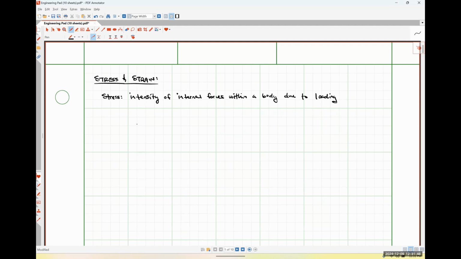So I'm going to attempt to draw a picture here. This will be my z-axis. This will be my x-axis. And this will be my y-axis.